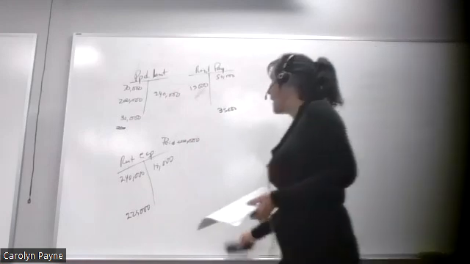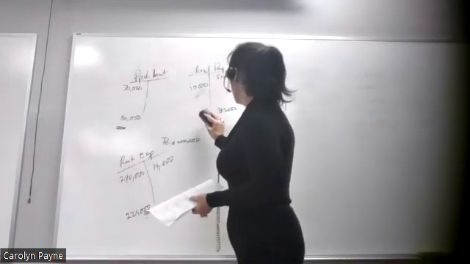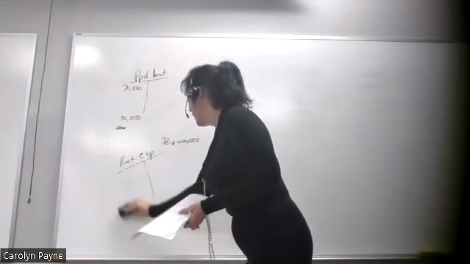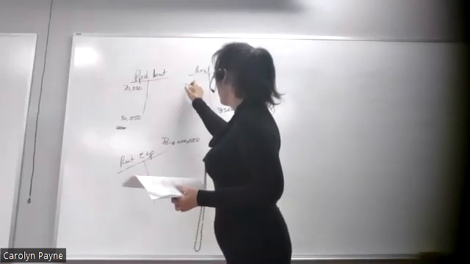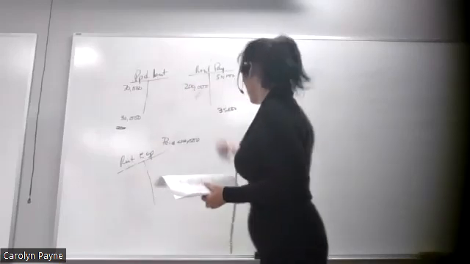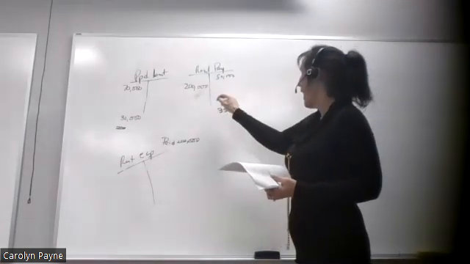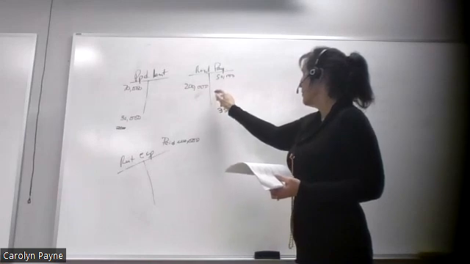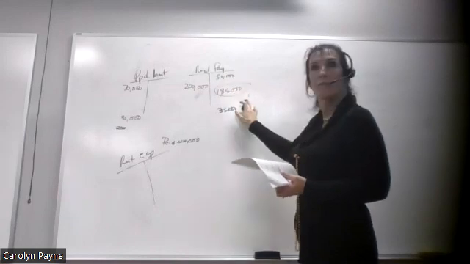And if I'd done it over here, it would have come up the same. Let's do that. So if I put my 200,000 here, in order to get down to 35, I would have to credit this for 185, right?